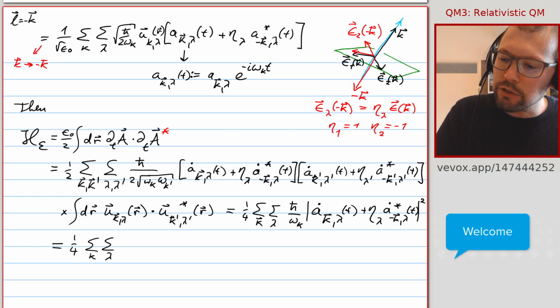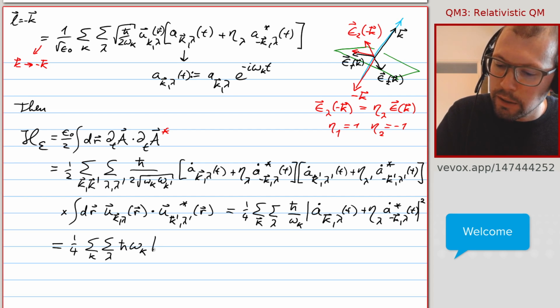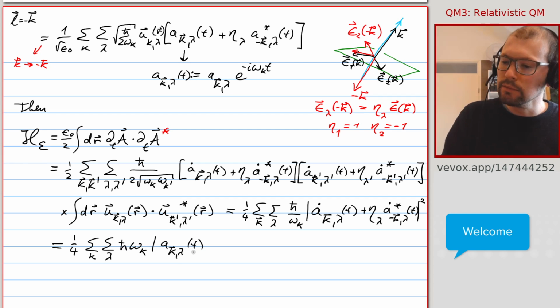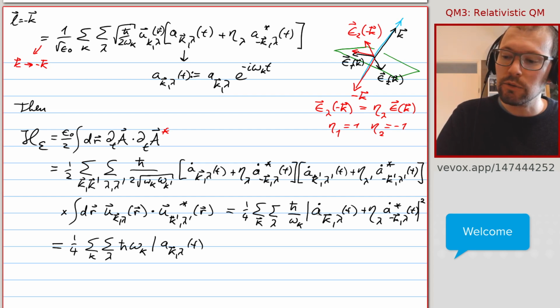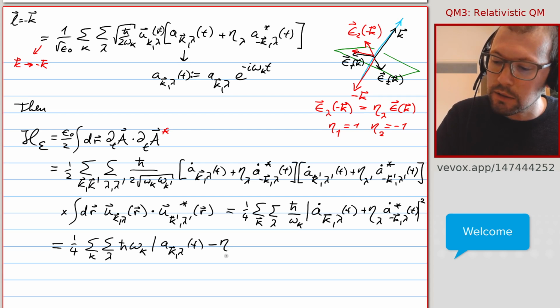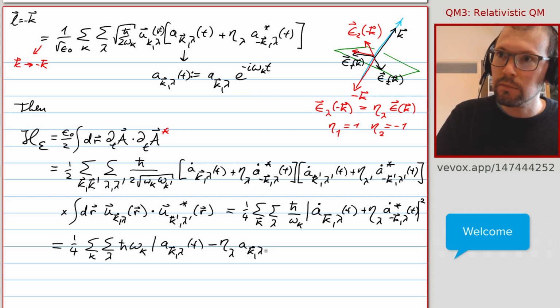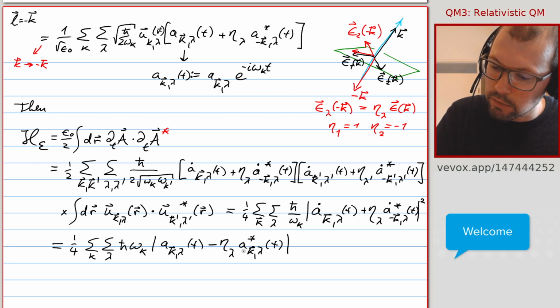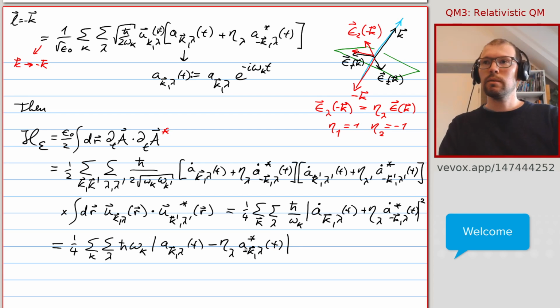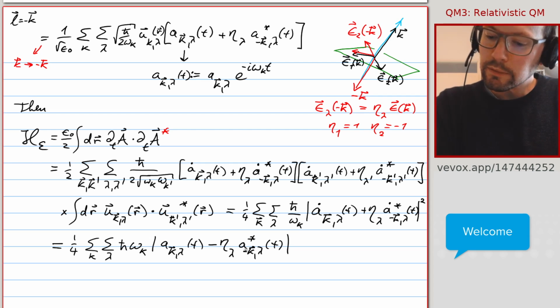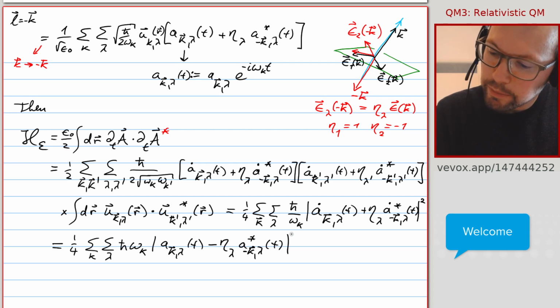We get an overall factor of omega k squared coming out, so h bar omega k. And because this one brought down a plus i, this one a minus i, we get a relative minus sign. Sorry, and a minus k here. And a square.